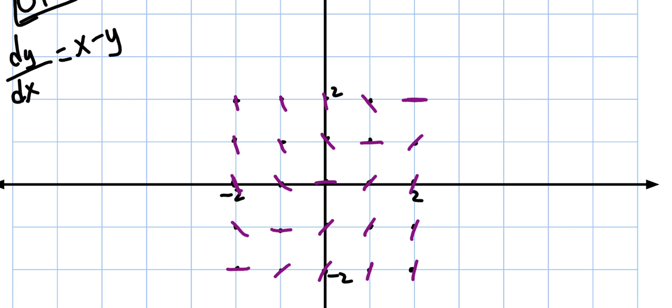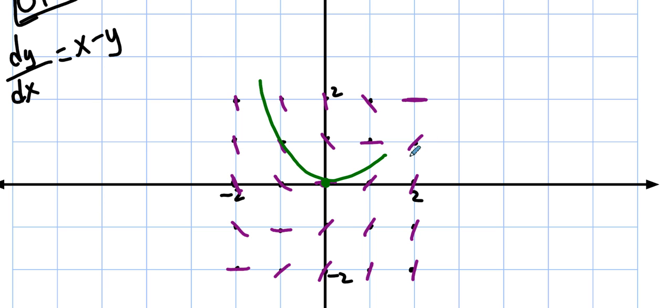Looks something like that. And that's just weird. So we ask ourselves, what might a solution curve look like that passes through the origin? Well, we know as we sweep from left to right, the slopes get smaller. So we know that it would sweep something like this.